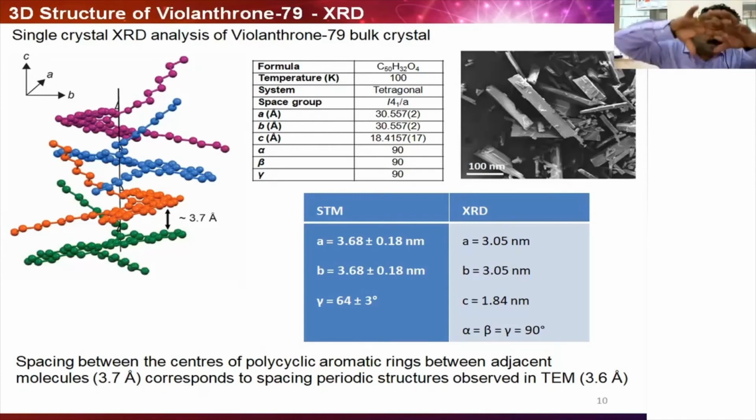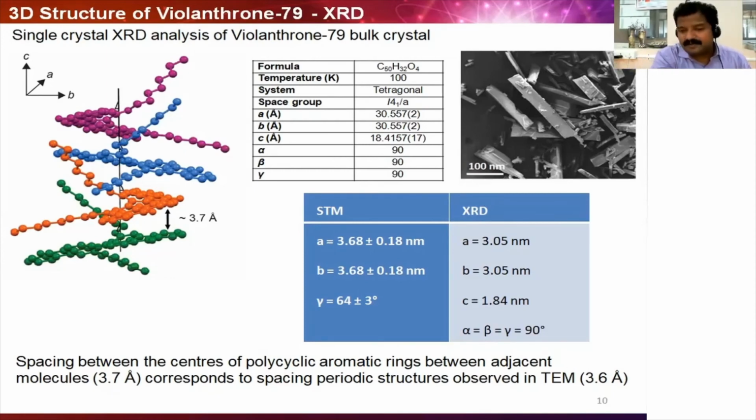We get a true 3D lattice parameter for the A, B, and C components. The A and B are 3 nanometers, while C is 1.84 nanometers. So actually, this forms a tetragonal system. And these are very close to what we observe for the A, B parameters in the STM image, so these are very closely related.